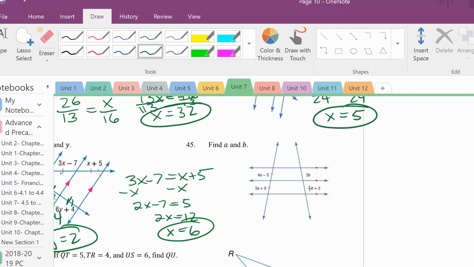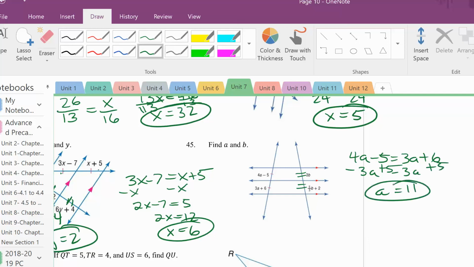So for the next one, since these parts are equal, you know these two are. So 4a minus 5 is equal to 3a plus 6. So you get a is equal to 11. And then for the b's, 3b is equal to 5/3 b plus 2.